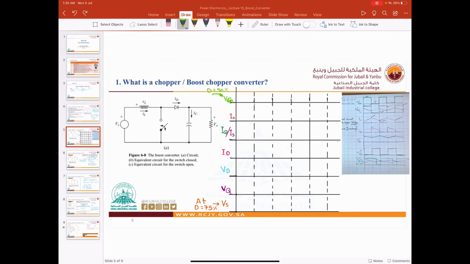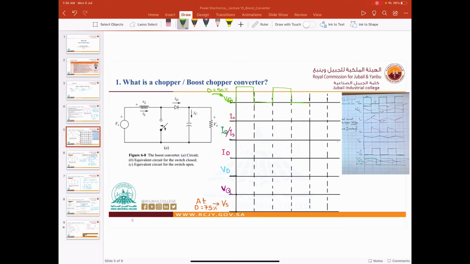Okay, guys. Now for the waveforms here, we know that again the duty cycle for the voltage of the gate of the switch is 50% on and 50% off.